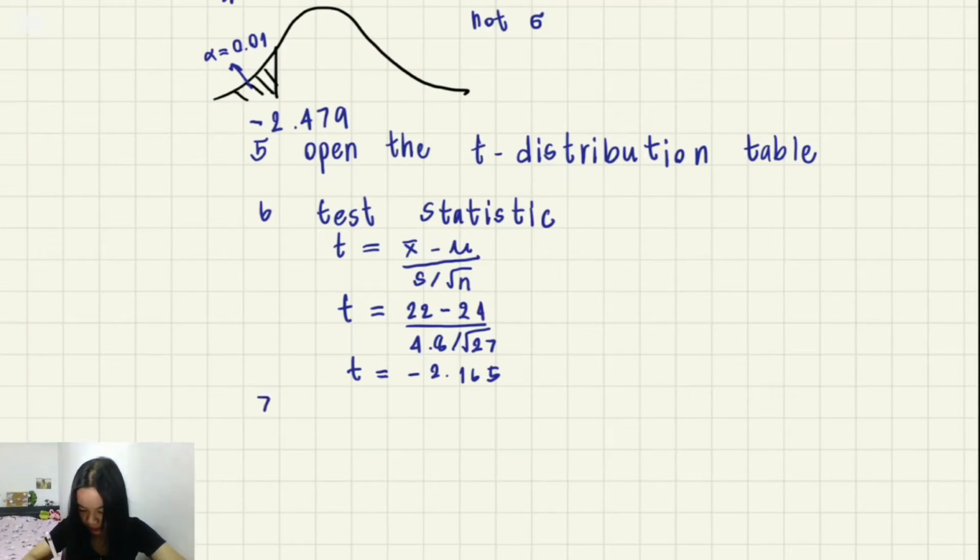Step 7. Negative 2.479 is less than negative 2.165, so the test statistic is not in the rejection region, so we fail to reject the null hypothesis.